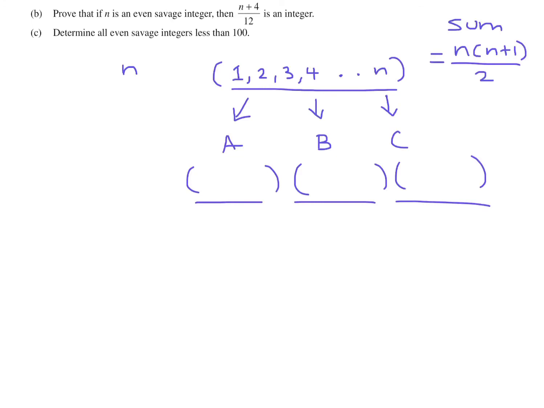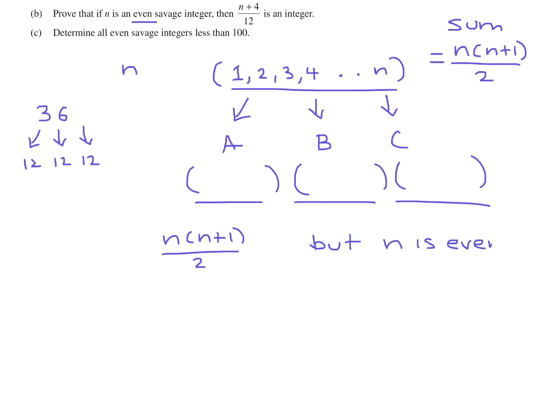So for example, if you remember in our previous question, the sum was 36 and each of those sets had to have 12, right? That's how we divided it. So in a very similar way, when you just have n, this n times n plus 1 over 2 has to be divided in 3 ways.